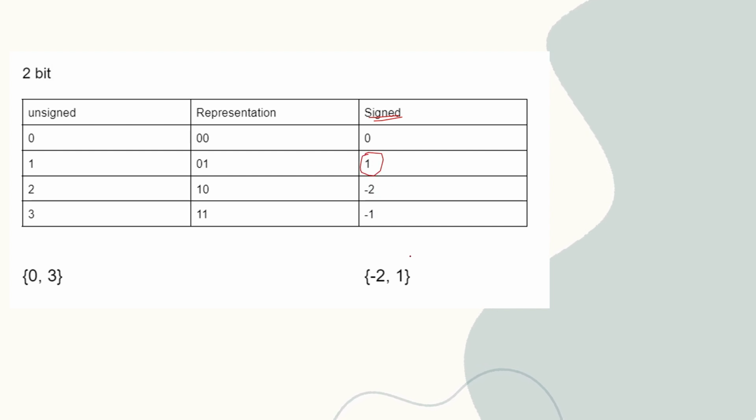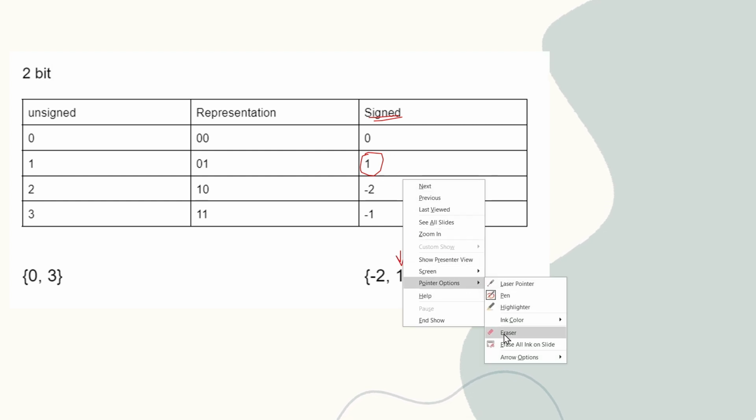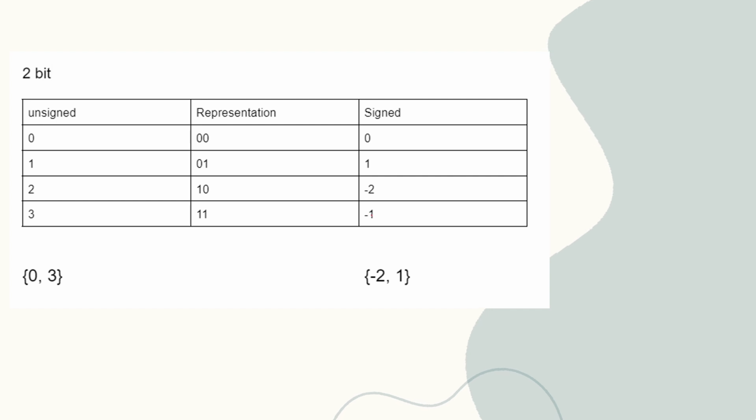Because negative numbers are of minimum, right? So I have written here maximum. And what is the minimum value? Minimum value is minus 2. So that's why I have written here minimum minus 2. So in these brackets, the first one is the minimum and the second one is the maximum.